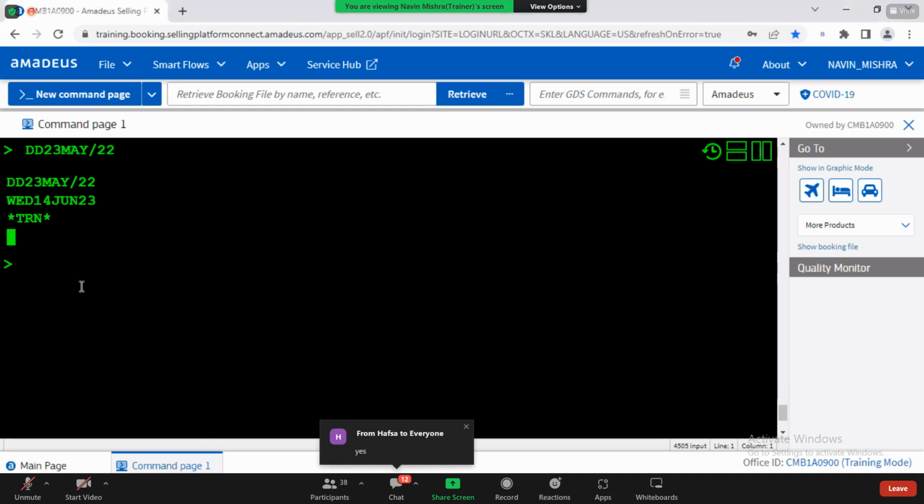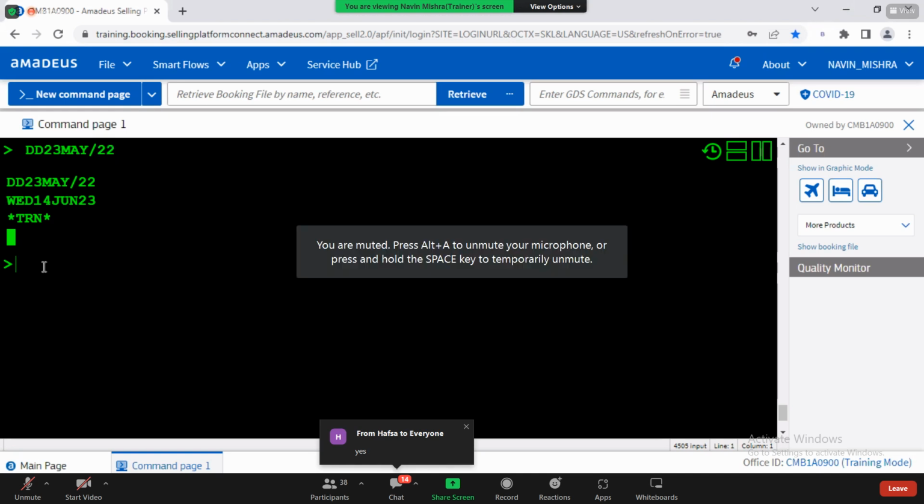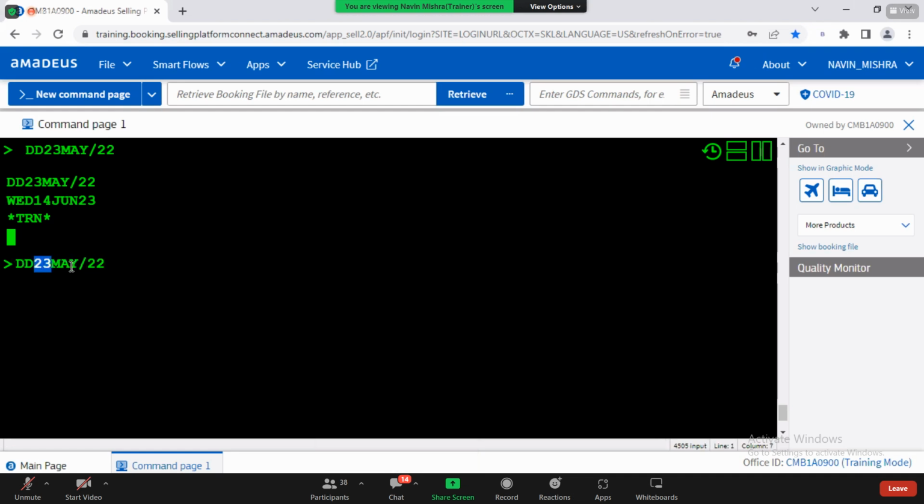Okay. Now, it will not only add, it will also help you subtract days. If you want to reduce days from any specified date, that can also be done. Suppose there is a date, 23rd of May, and you just want to reduce 22 days from the 23rd of May.